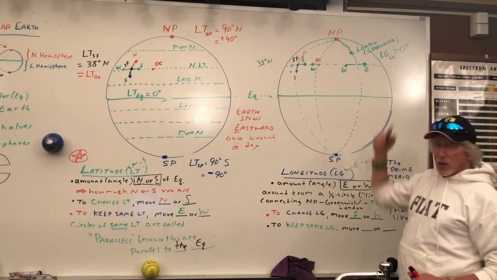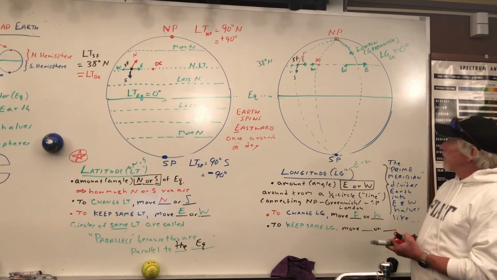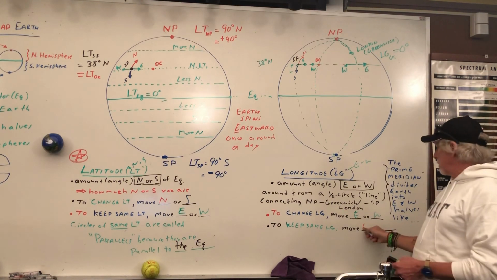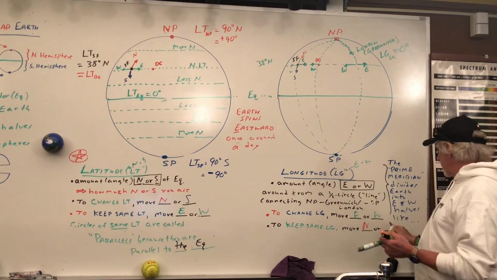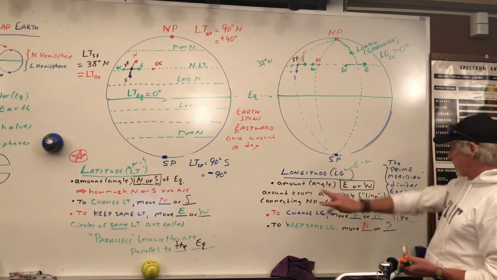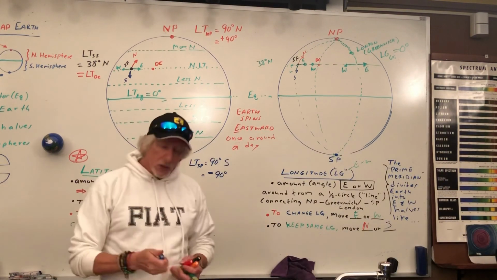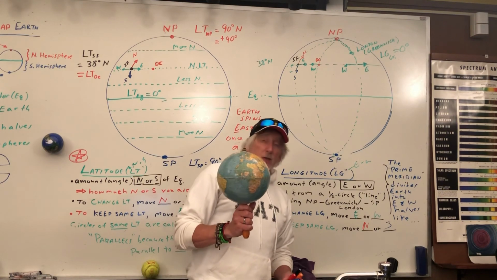That'll change my longitude because that's what it's all about. To keep the same longitude, of course, then I would move north or south. And you can see that from that picture. So I'll just leave it at that. Let you look at it. So that's flipped, right? And those two angles will tell you a particular place on the sphere, not flat, Earth.